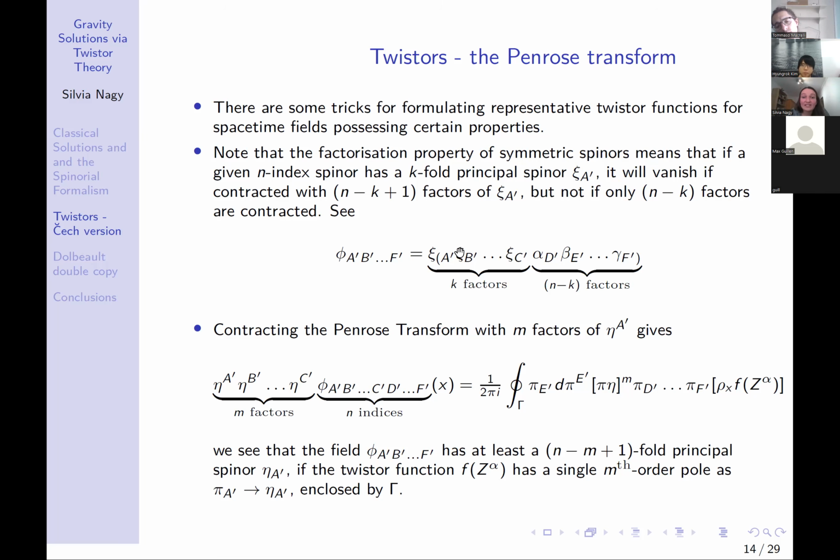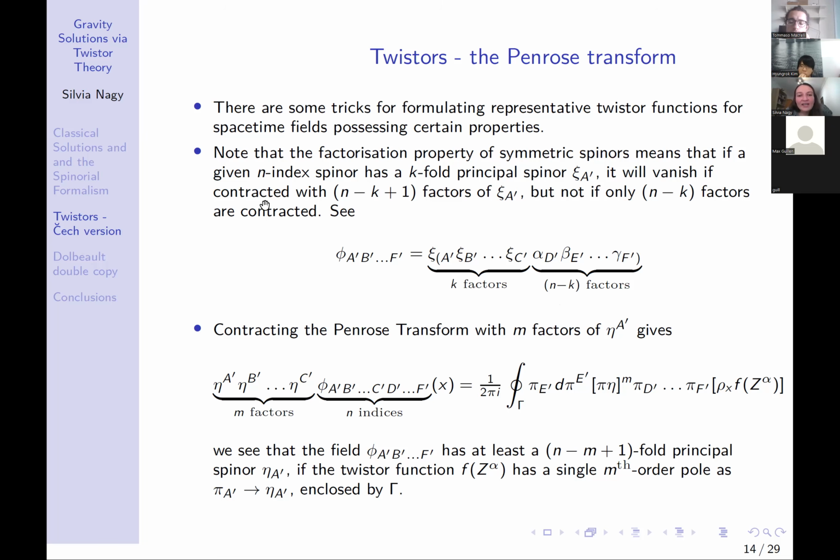Remember that we have this factorization property. So this guy is symmetric in these indices, and as I was saying, then I can factorize it into a symmetric product of these principal spinors. Okay, so then we have the following statement. If I have an n-index spinor that has a k-fold principal spinor psi, so what I mean here is that when I do this factorization, I have this psi repeated k times.